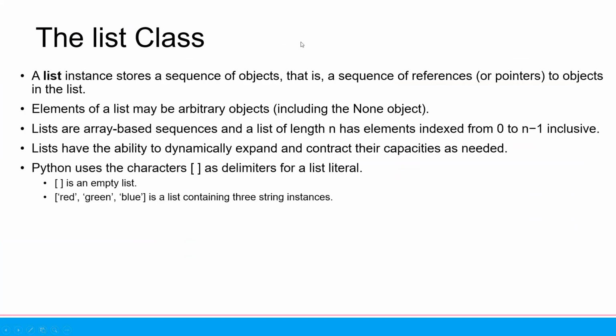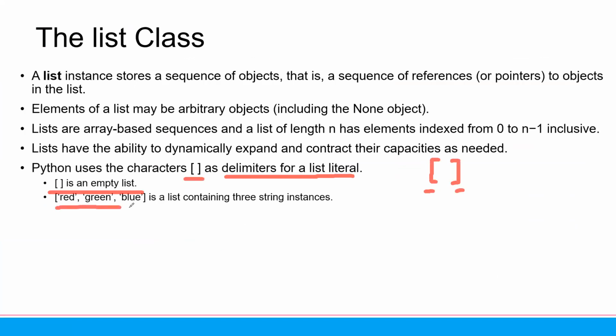So we use the square bracket. The square brackets are two delimiters for the list literals. If it is an empty list, then we can just use the square brackets without anything.